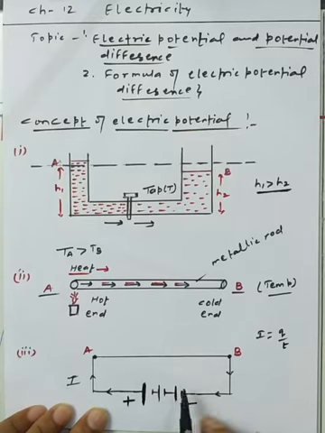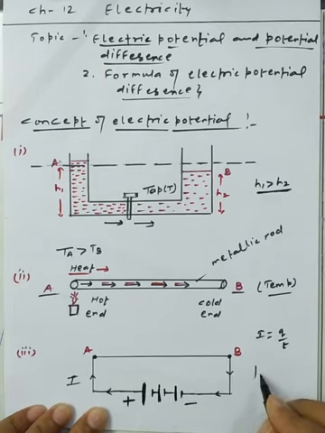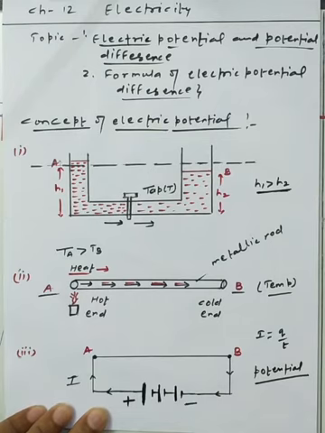Okay, so here the key parameter, we are just taking the name of that quantity which decides the flow of charge, that is called the potential. So in this case the key parameter is potential, and potential regards how much energy is at a point due to the presence of a charge.